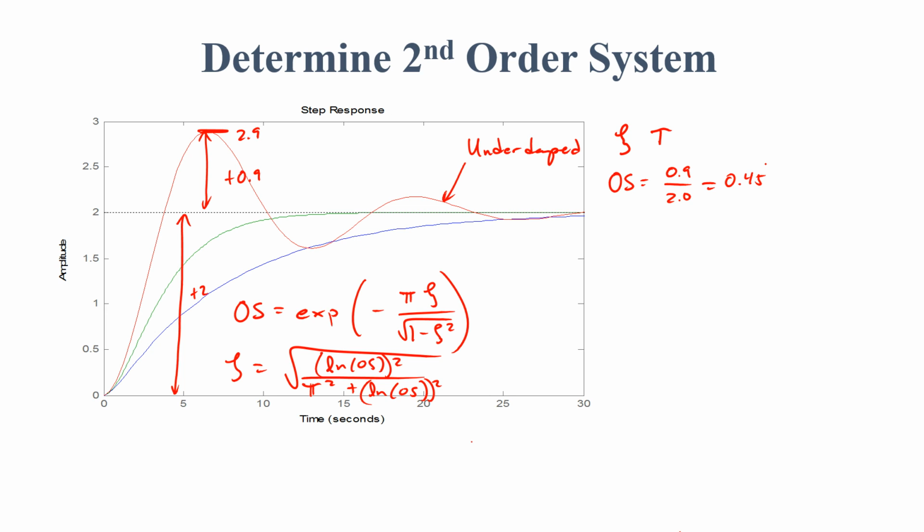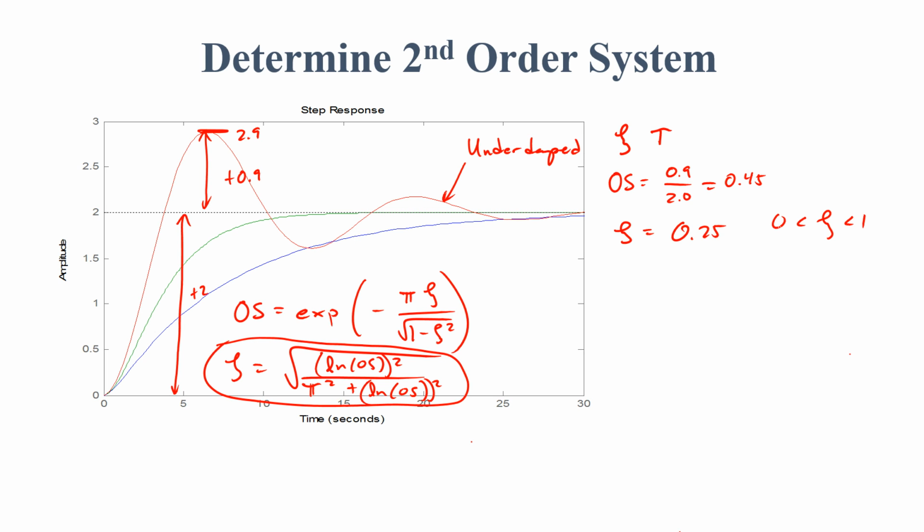Now we can calculate zeta using this equation right here. Plugging all of that in, I think we get a zeta value of about 0.25. You can verify the calculations on that. So zeta is 0.25, and we just want to make sure we are between 0 and 1. That checks out.